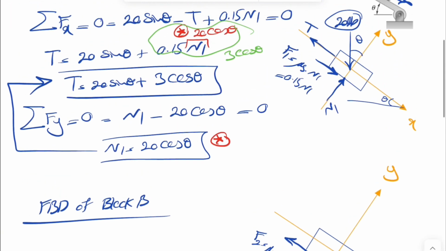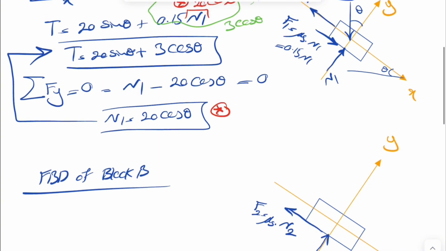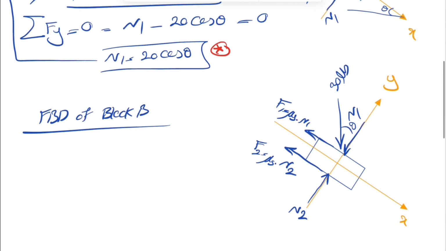We also have the friction from the top part, which if we look at block A, we'll see that it's in this direction, which means in here it has to be in the opposite, F1, mu s times N1, and the normal force is also in the opposite direction of what we have in here based on Newton's law, so it will be downward N1. And we have the weight of the block, which was 30 pounds, and same angle theta in here. So these are pretty much all the forces that we have.